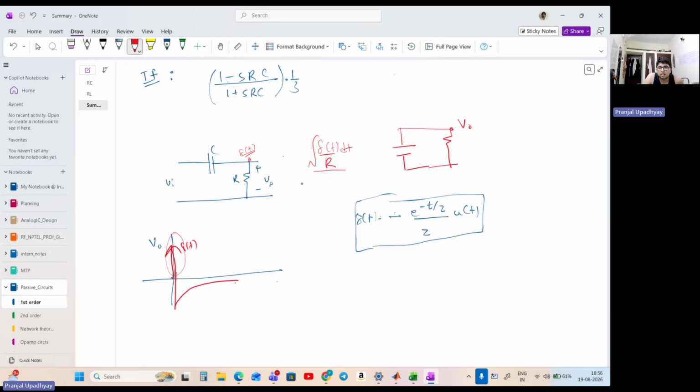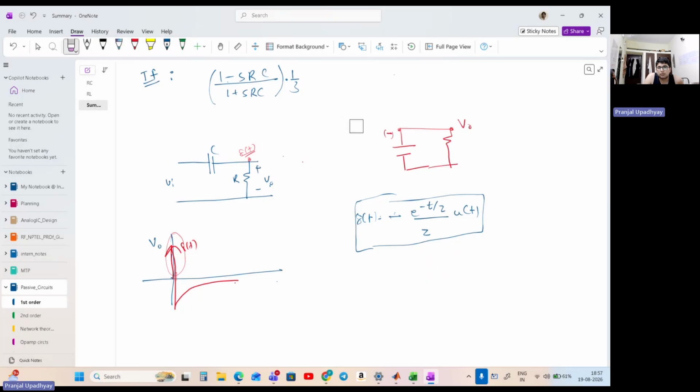Since it is for t equals 0 only, the integral of the impulse is a unit step, and the unit step at 0 is equal to 1. So we can understand that 1 by R value of charge got stored on the plate of this capacitor, like this, plus minus. Now, since this plate is grounded and this capacitor effectively has 1 by R charge, we can infer that the voltage at this node will be negative, right?